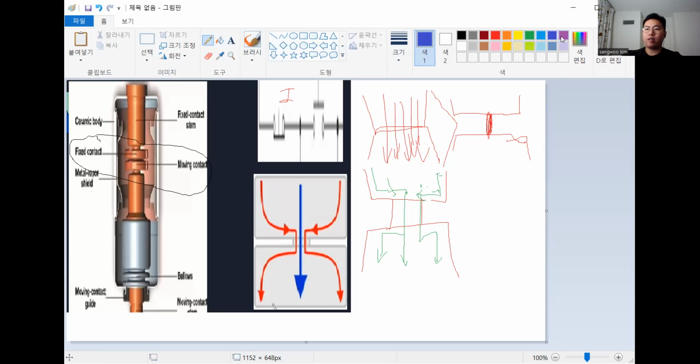If you guys remember the previous lecture, as I said, on a conductor, if there are two different directions of current flow, what happens? You guys remember? I will give you 3 seconds. 1, 2, 3. Yeah, that's right. Electrostatic repulsion happens, right?